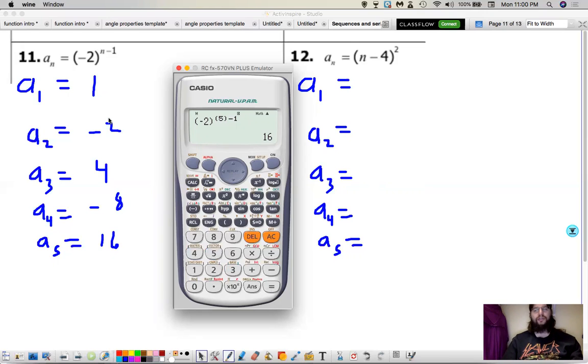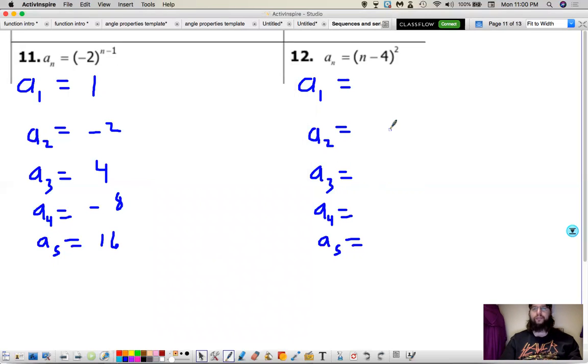Yeah, it's just the powers of 2, but it's a negative 2, so you change your sign on all the odds. Well, even terms, because it's n minus 1, so the even terms will be odd powers.